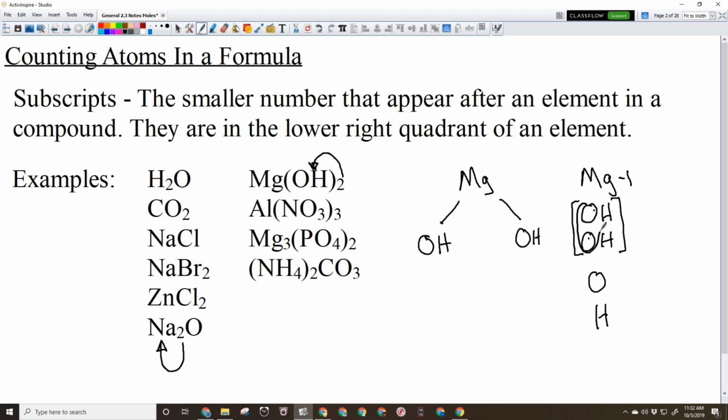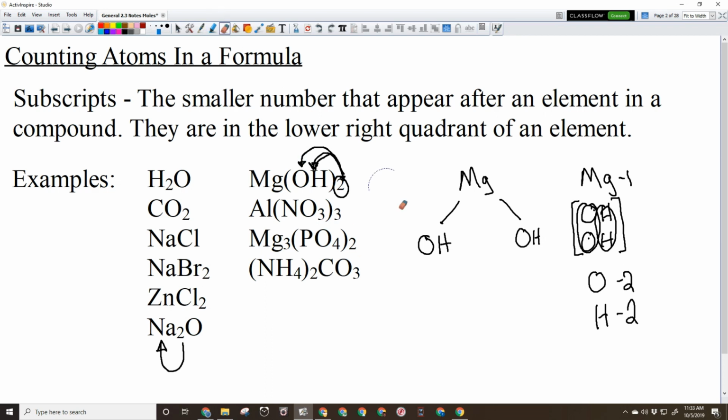We have these 2, so that would be 2 oxygens. And then these 2 hydrogens would be 2 hydrogens. So we have 2 hydrogens here and 2 oxygens here. So this 2 acts like a multiplier for everything that's inside of those parentheses.